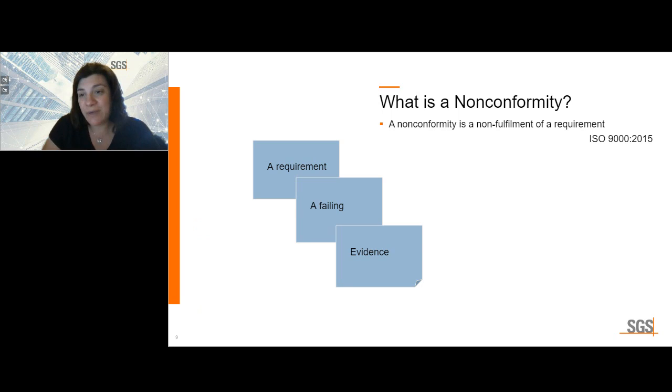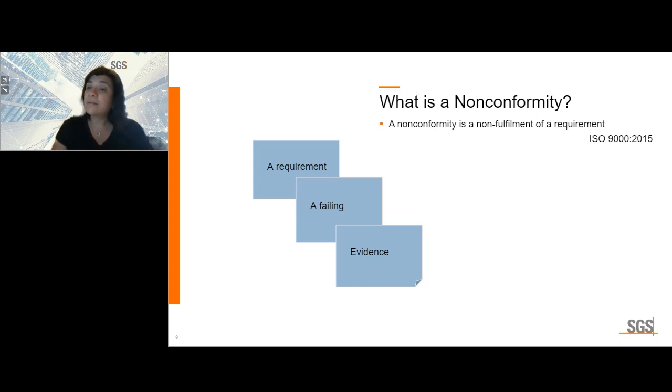So what's a nonconformity? Well, based on ISO 9000, which is our dictionary, nonconformity is a non-fulfillment of a requirement. Let's unpack this a little bit. What does this actually mean? Well, we have a requirement. Where do we get these requirements? What are the sources of these requirements? We have legislative, anything that's law related, Health Canada, FDA requirements. Secondly, we have requirements based on certification, such as ISO 9001, 14001, 45001, any certification type.